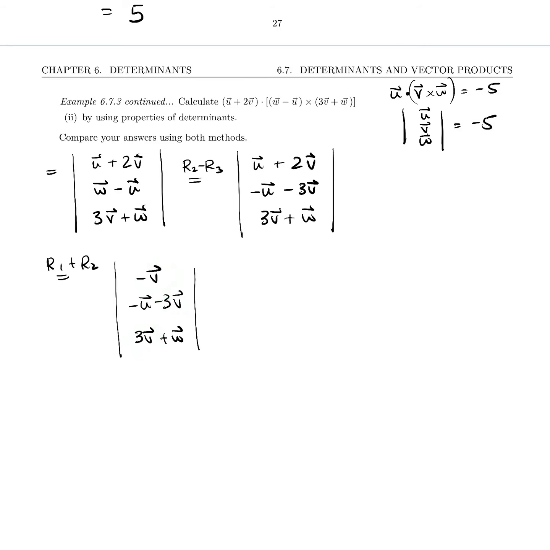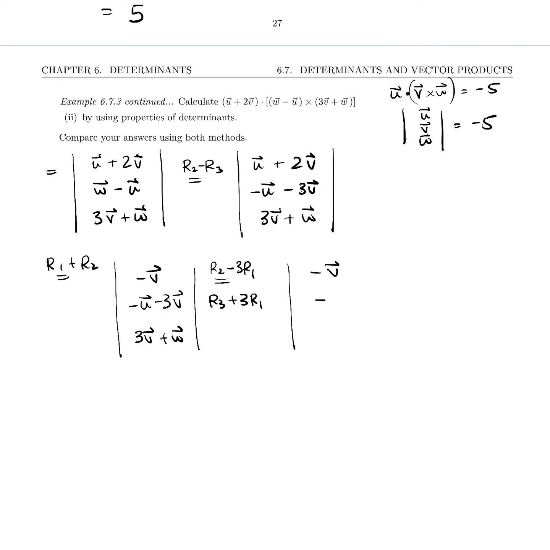Now this is nice, I can use this minus v to cancel out the v's below it, and so I'm going to do two operations at once, neither of which will change the value of the determinant. So we'll do row 2 minus 3 row 1, and we'll also do row 3 plus 3 row 1. Doing those, the first row will not change. Now, minus 3 minus minus 3, so those v's are going to cancel out.